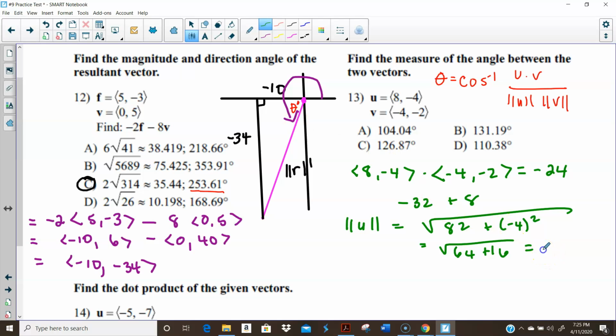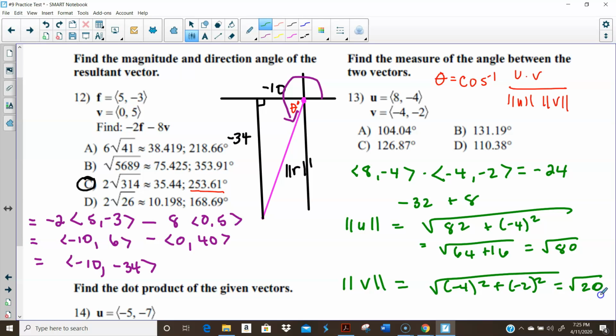So this is the square root of 80. Then the magnitude of v is the square root of -4 squared plus -2 squared. That's going to give me 16 plus 4, which is the square root of 20.